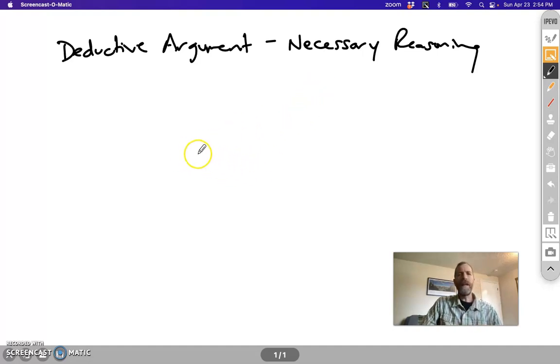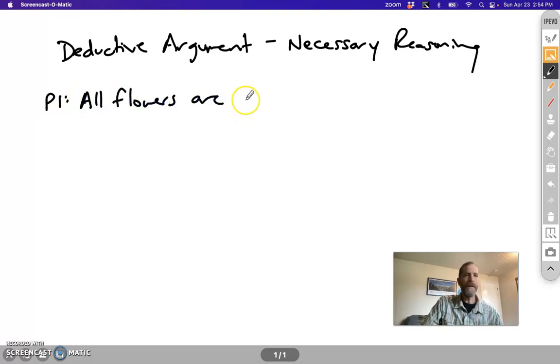So there are a number of different kinds of deductive arguments, and I want to present three that are actually good arguments and talk about their character, what makes them deductive. Okay, so the first one. Premise 1: all flowers are plants.